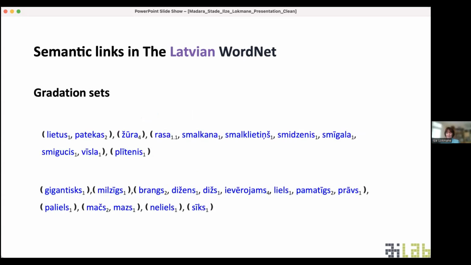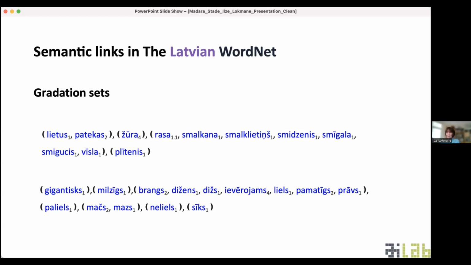The next one. And last but not least, we also included gradation sets in the Latvian WordNet, which means that they express different values of the same attribute. For example, different intensity. And most often, gradation sets refer to adjectives like gigantisks, milzīgs, and so on.